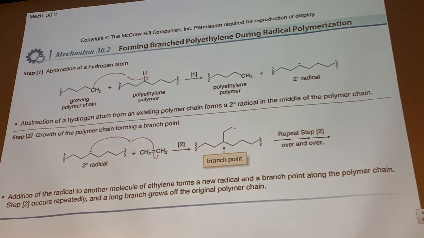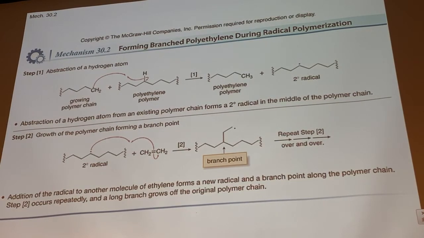And so that terminates one of our chains, but with our secondary radical, we've now opened up a branch point where you can have a branch grow off of that other chain. Okay, and so that secondary radical is going to add to an ethylene molecule, and then this radical is going to add to another ethylene molecule, and you're going to generate those branches. Okay, so yes. Well, they're going to be in the middle somewhere, but yeah, they'll be at random sites in the middle.